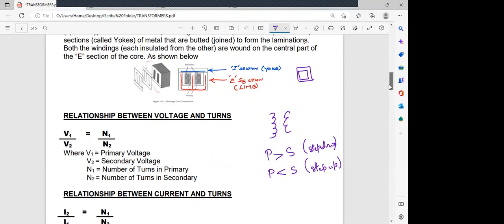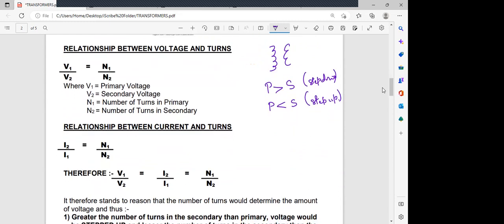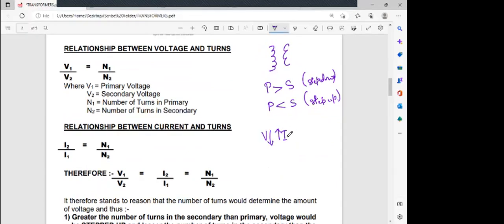What is the relationship between current and the number of turns? As you can see, they are inversely proportional. If you have a step down, that means voltage is lower, so your current will have to be higher. And if your voltage is a step up, then your current will be stepped down. Just the opposite.